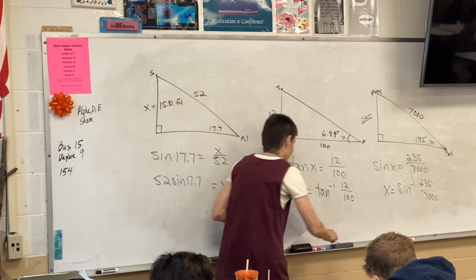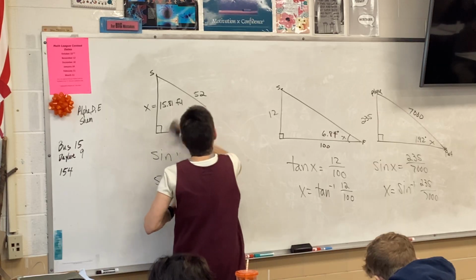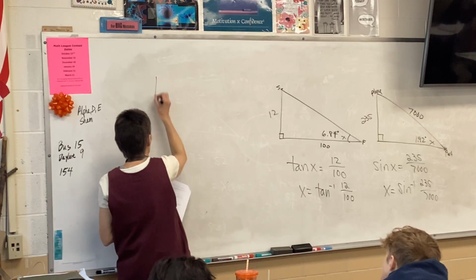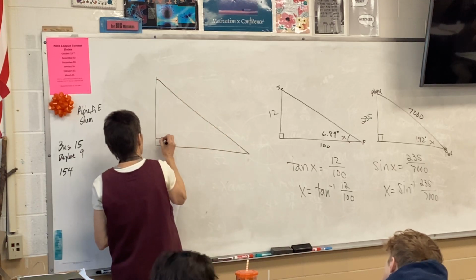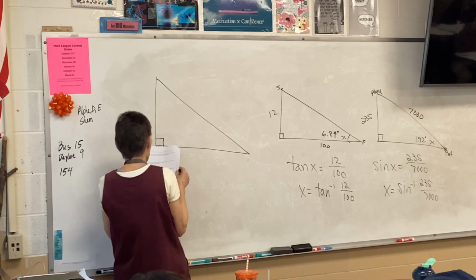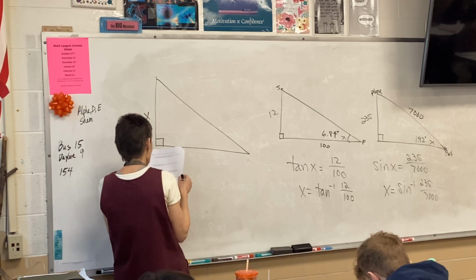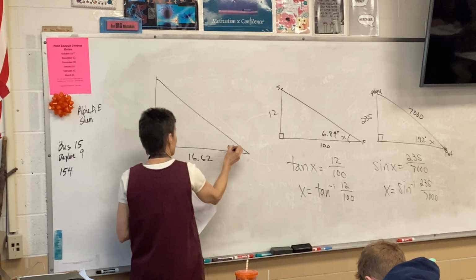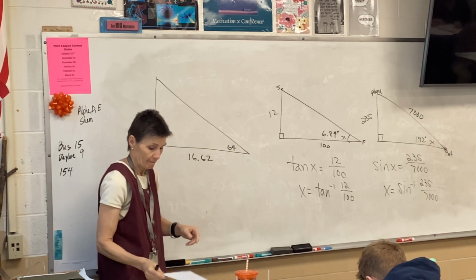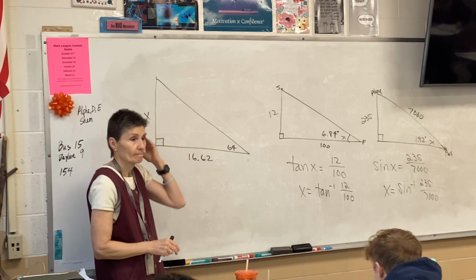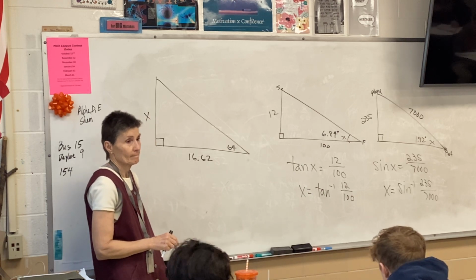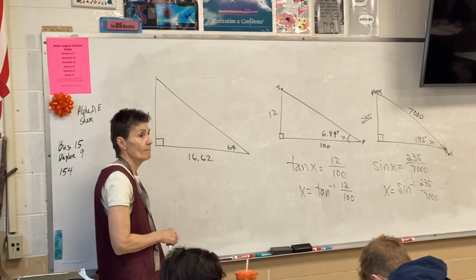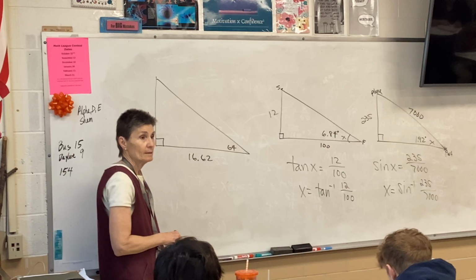All right, D. Find the height of a flagpole. It makes a shadow 16.62 feet long when the angle is 64 degrees. Opposite over adjacent. I got opposite and adjacent, so therefore my equation will be tangent.